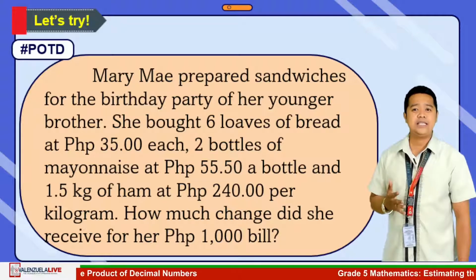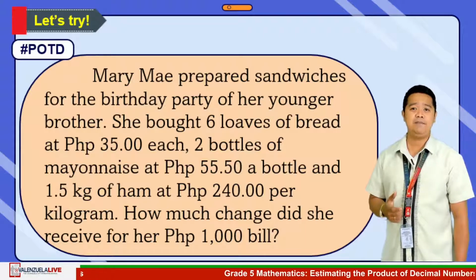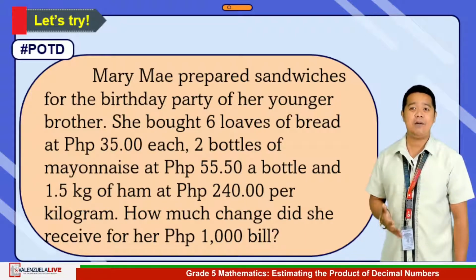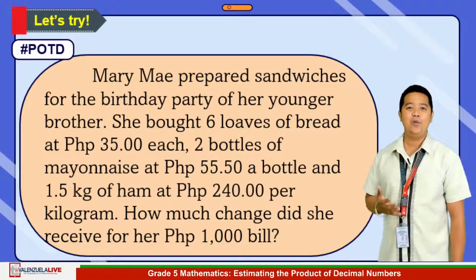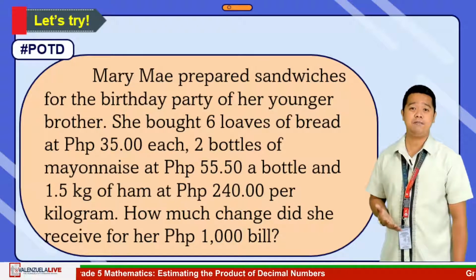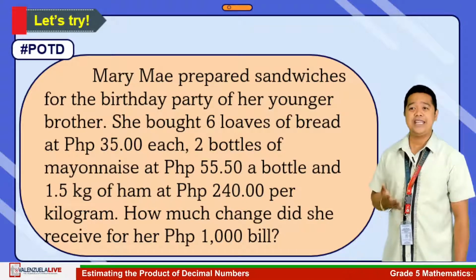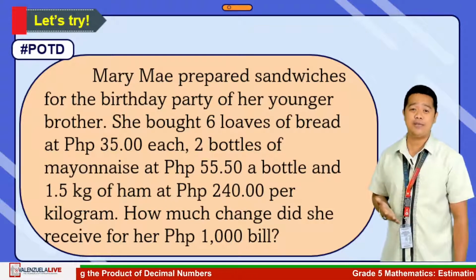She bought 6 loaves of bread at 35 pesos each, 2 bottles of mayonnaise at 55 pesos and 50 cents a bottle, and 1 and 5/10 kilogram of ham at 240 pesos per kilogram. How much change did she receive for her 1,000 peso bill?